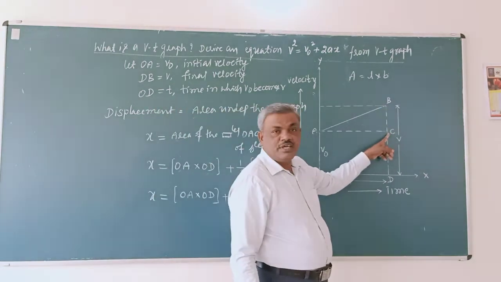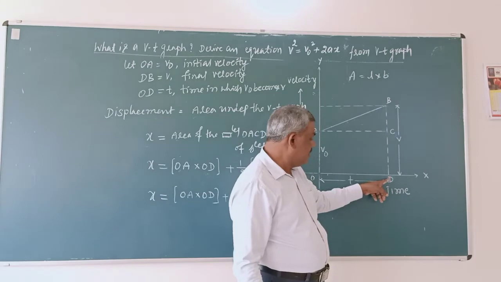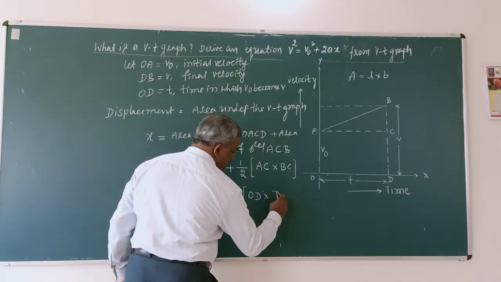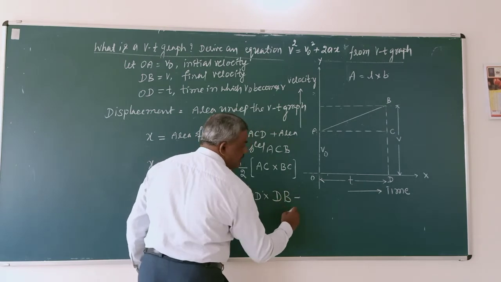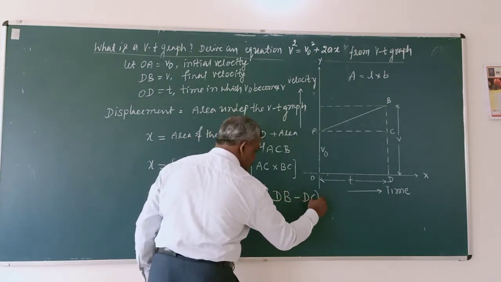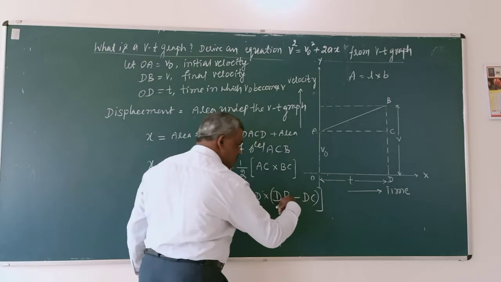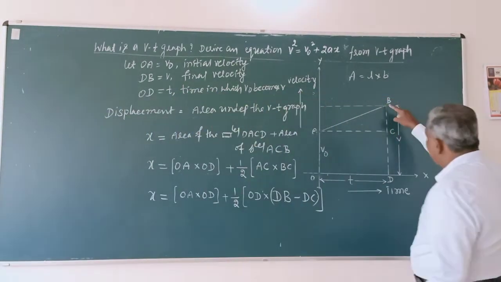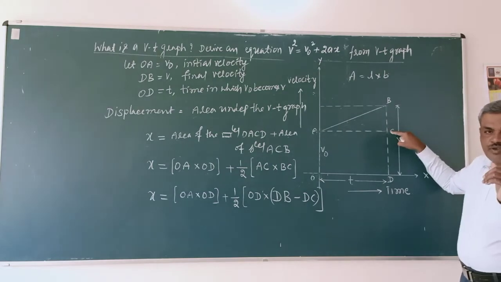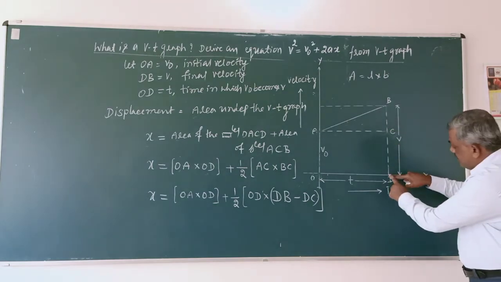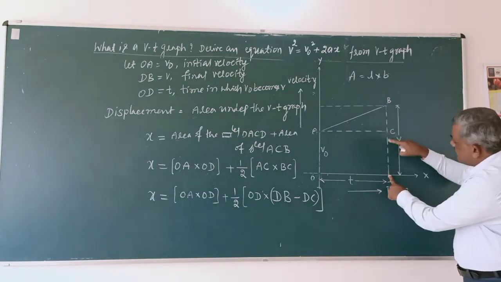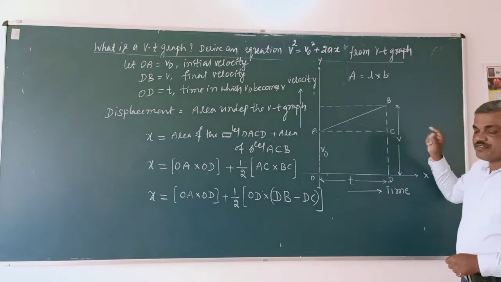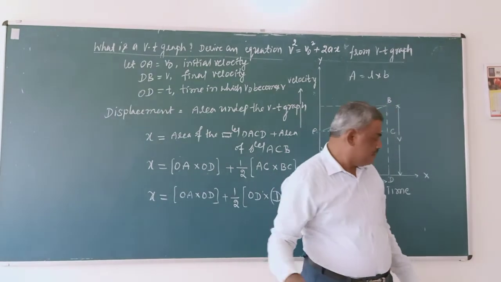So BC is written as BD minus DC, or DB minus DC. Friends, now observe carefully here, BC is written as DB minus DC.